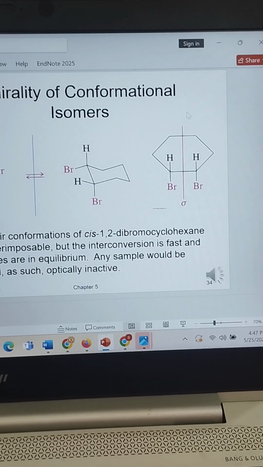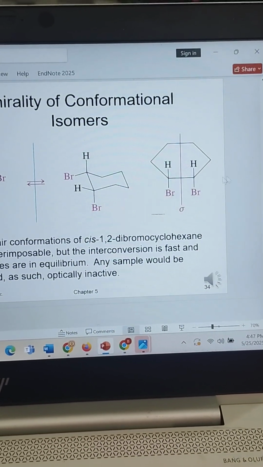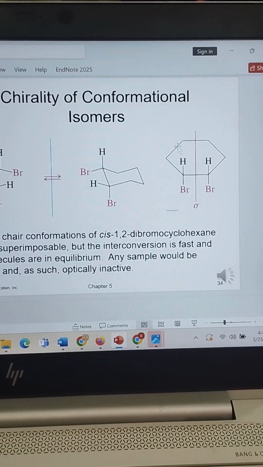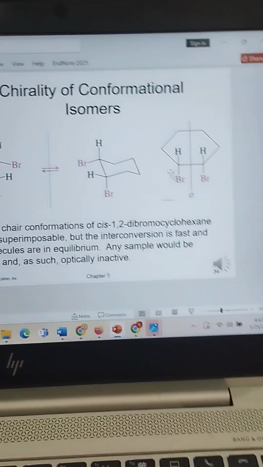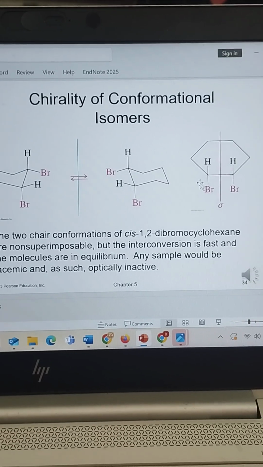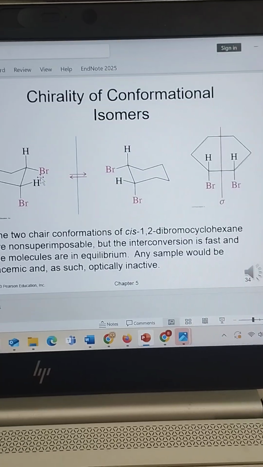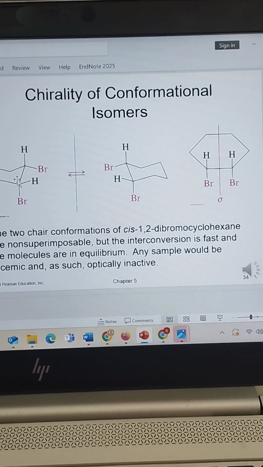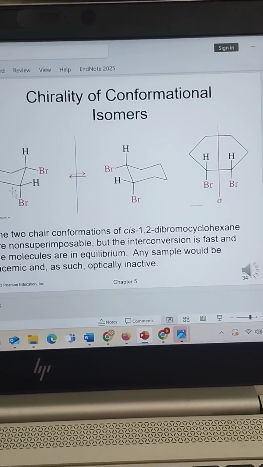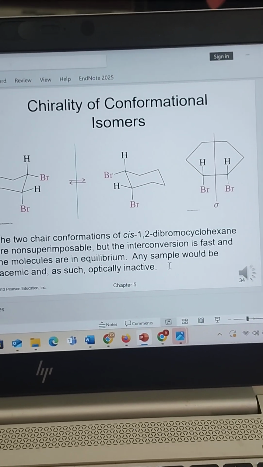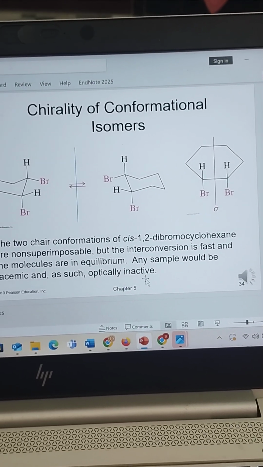We cut the molecule into two halves, and these two are equal to each other, so it contains a plane of symmetry. So this molecule as a whole is achiral. But chair conformations can't be isolated as chiral because there is no stable plane of symmetry, so they just flip into each other. The interconversion is fast and the molecules are in equilibrium. Any sample would be racemic and thus optically inactive.